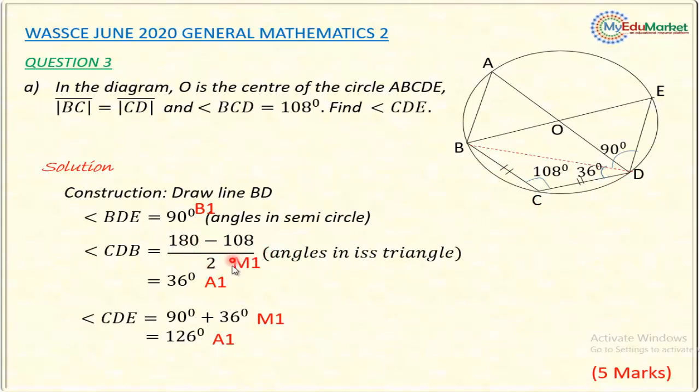For getting it accurately as 36 degrees, you have another mark, an A1 accuracy mark. For adding 90 and 36 to get angle CDE, you have the method mark. And finally, for angle CDE accurately as 126, you have the A1 mark. So in total, there are 5 marks to this question according to the marking scheme.